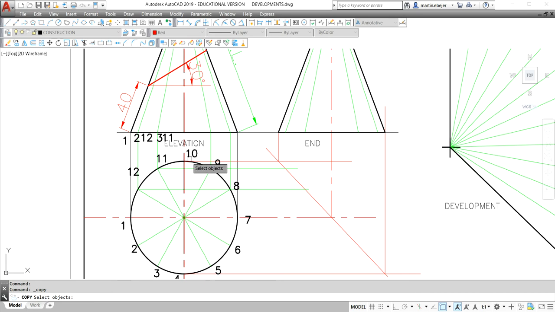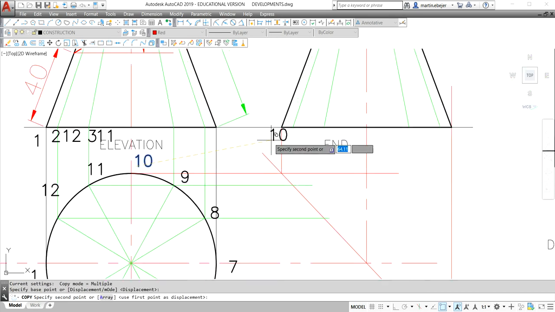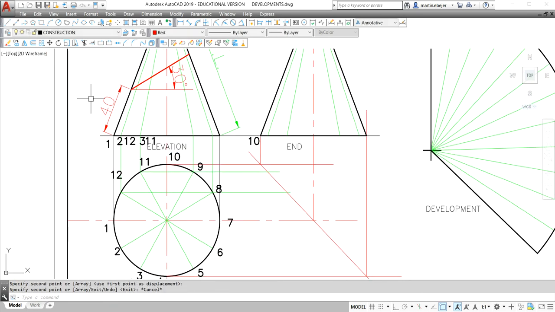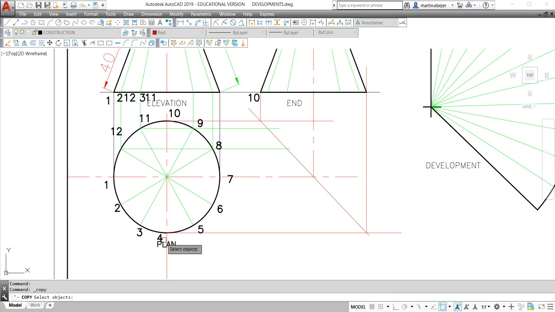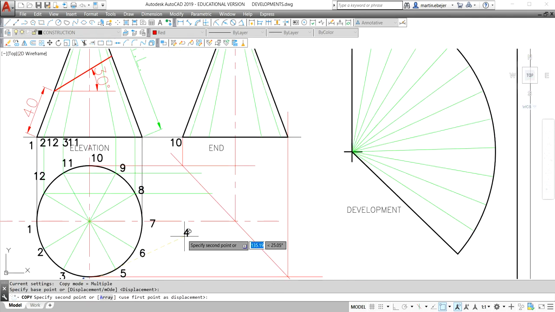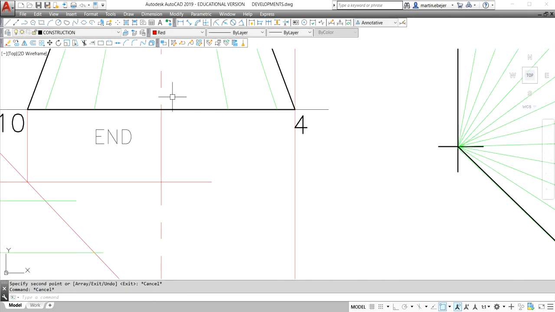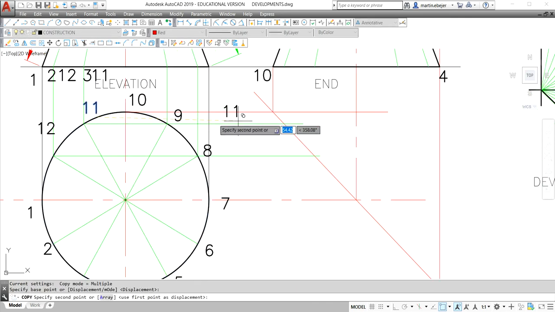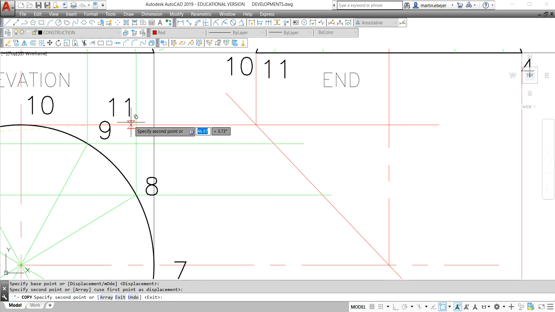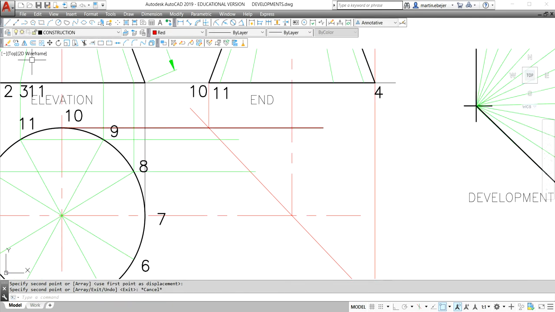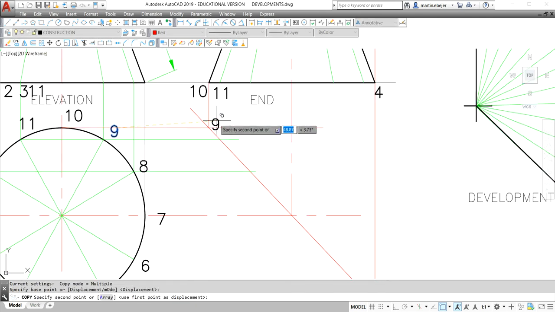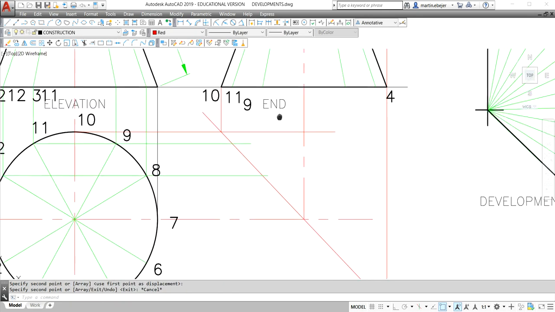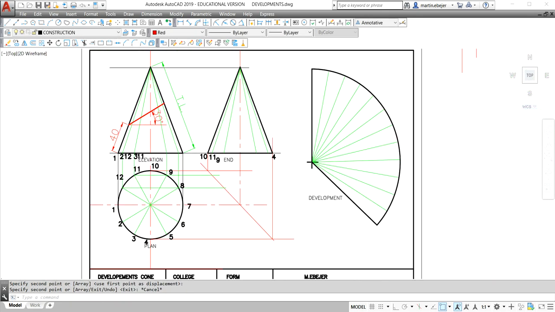On the end view, the same principle. So 10 is the first line. There we have only one line. Here we have number 4. Here we have 11, and at the back we have 9. Okay, and so on and so forth.